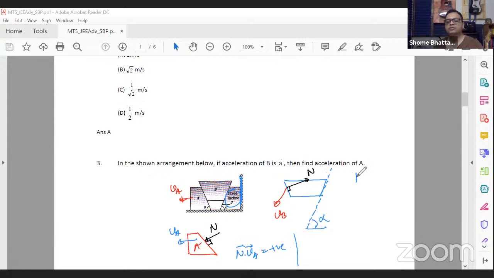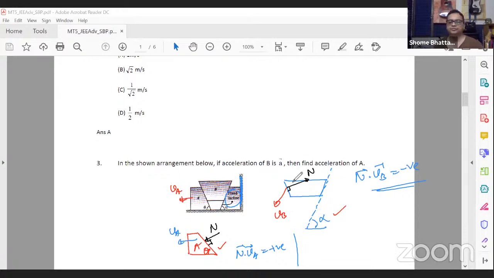And here N dot VB will give you some negative quantity, and the two should balance each other because net power should be zero. Okay. And just remember that these angles are not the same. On this side, this angle is theta, and on this side, this angle is alpha. So a bit of complication will come in the calculation of the virtual power thing. So make sure you're clear with all the angles and dot product over here.